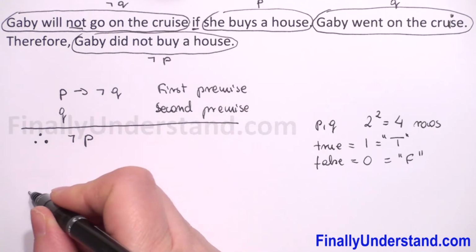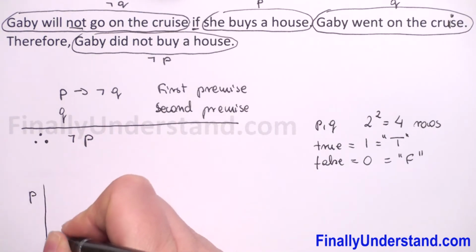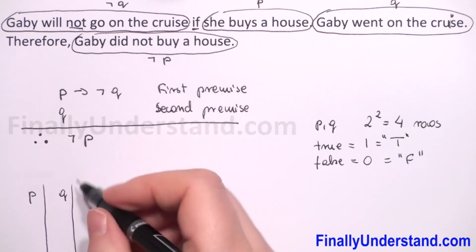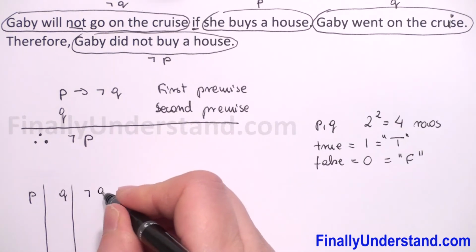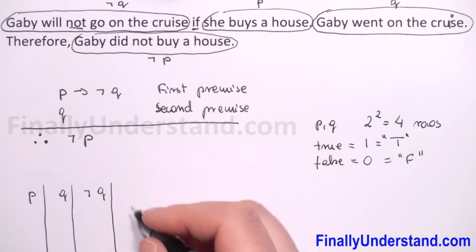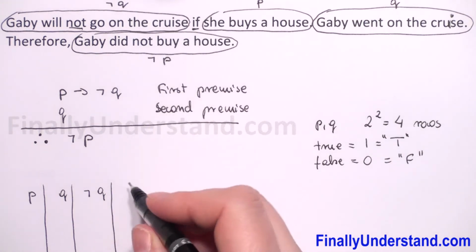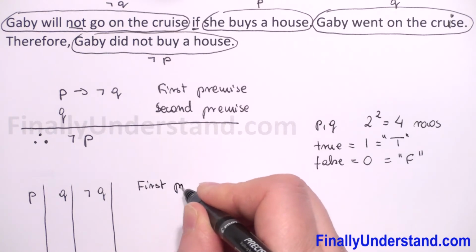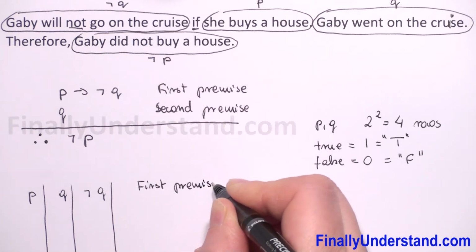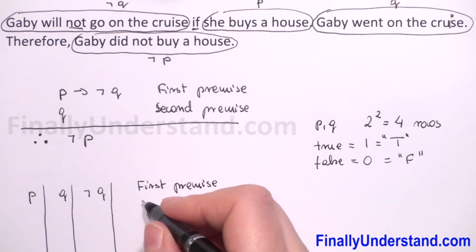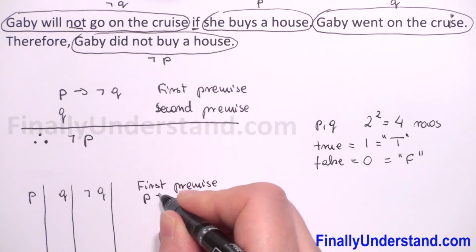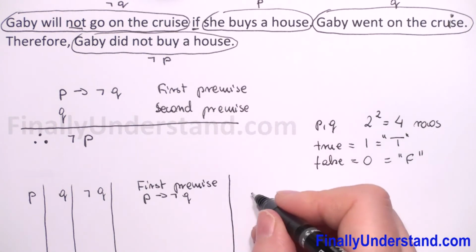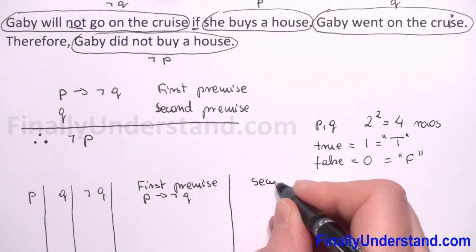So next we have to build the truth table. We have simple statements P, Q, and the negation of Q. Next, the first premise, which is the conditional statement P implies not Q. And the second premise is next.